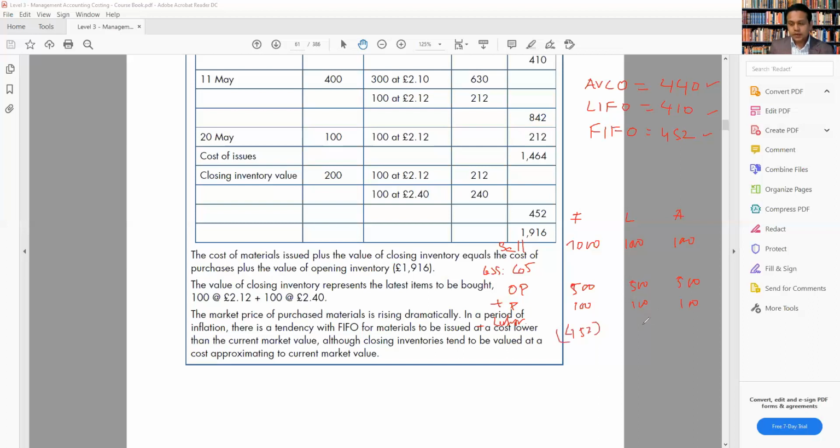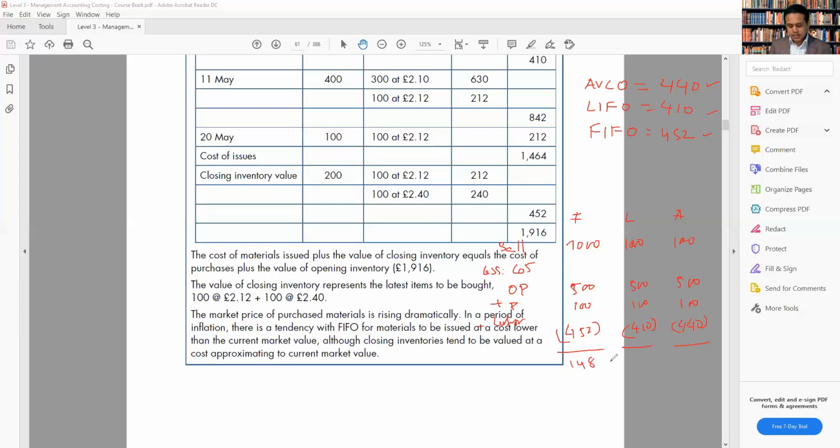Under the LIFO, it is 410, and under the AFCO, it is 440. So let's find the cost of sales now. The first one, 600 minus 452, gives me cost of sales 148.